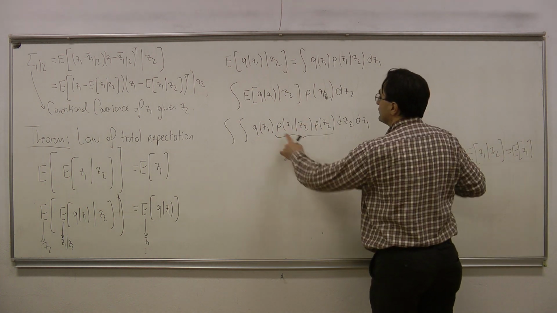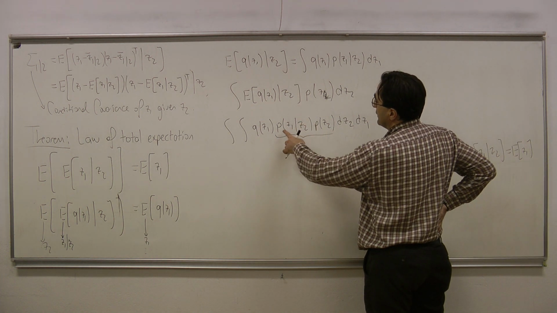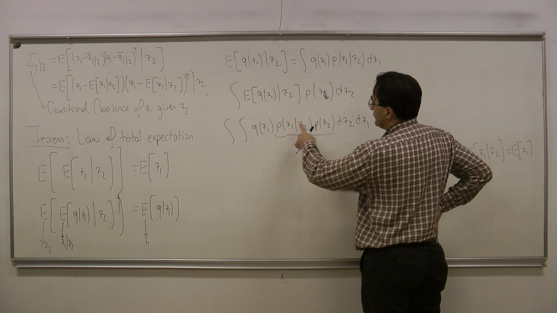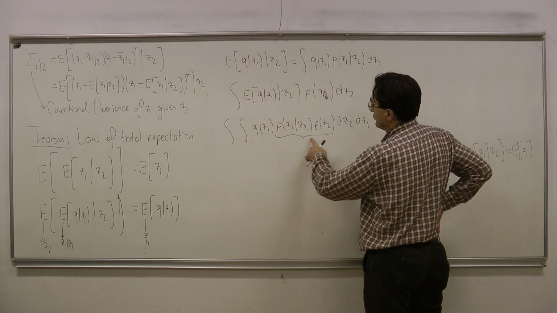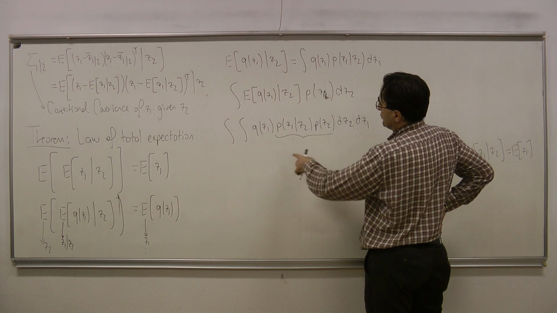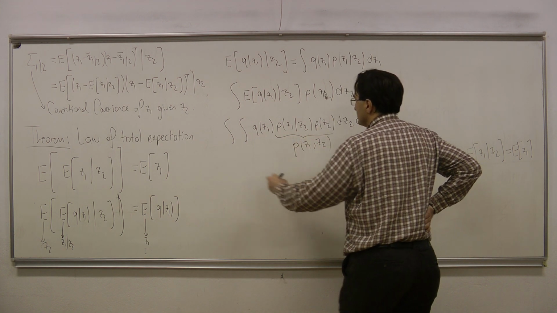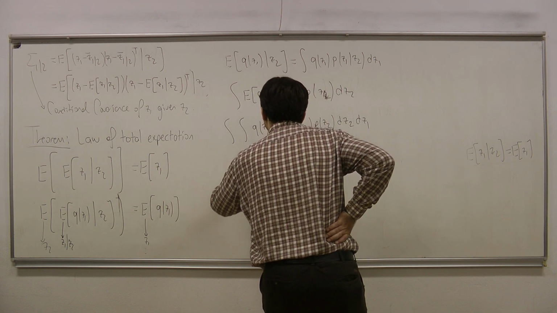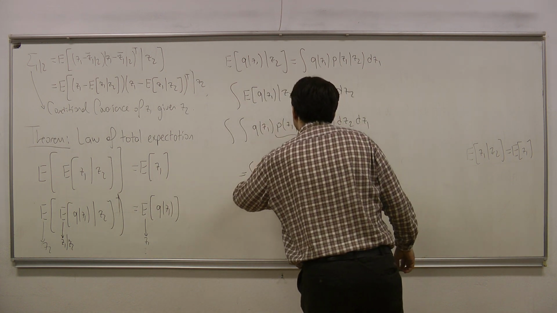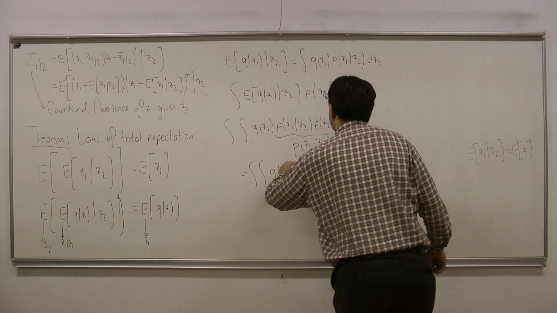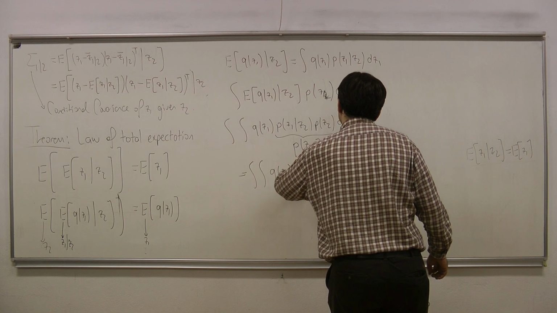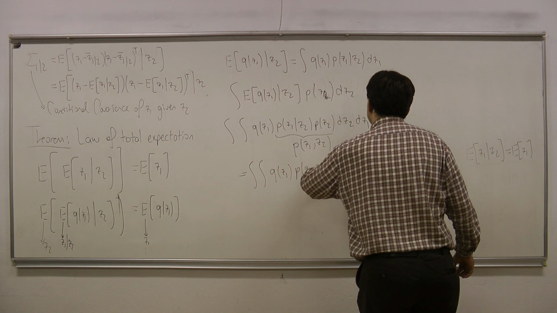I know that this conditional distribution is nothing but P of Z1, Z2, the joint distribution, divided by P of Z2. And the P of Z2 terms cancel. So this is nothing but P of Z1, Z2. So that is equal to the double integral of Q of Z1, P of Z1, Z2, dZ2, dZ1.